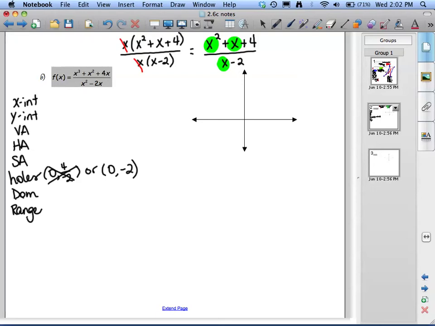Okay, let's find our asymptotes. What do we know about vertical asymptotes? Okay, there's only one, x equals 2. You're tempted to write another one as x equals 0. It's not an asymptote, it's a hole.